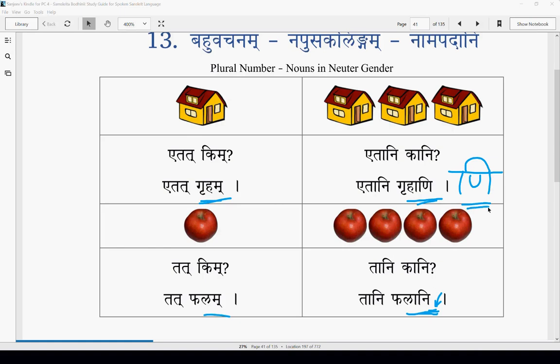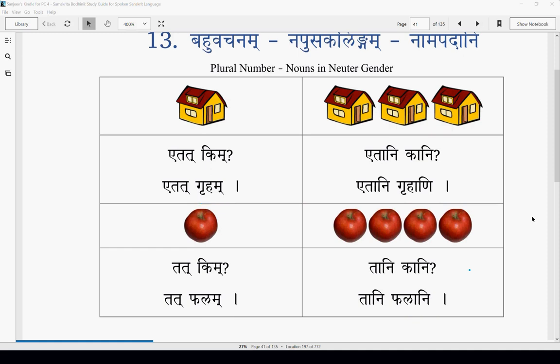When it changes to the cerebral na, when we should use it, we'll look at later. But right now, just follow this: gruhani. And if you have this book, at the end of the book it is given when na changes to na.